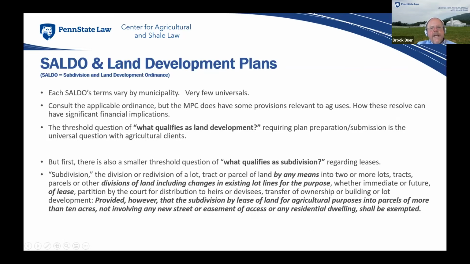So that is at least a slight bit of relief from this idea that simply leasing ground can be considered a subdivision.